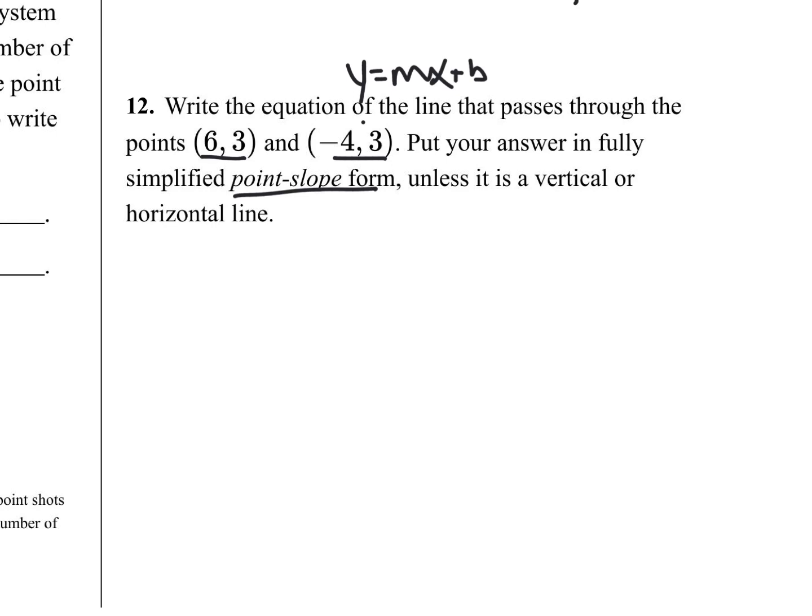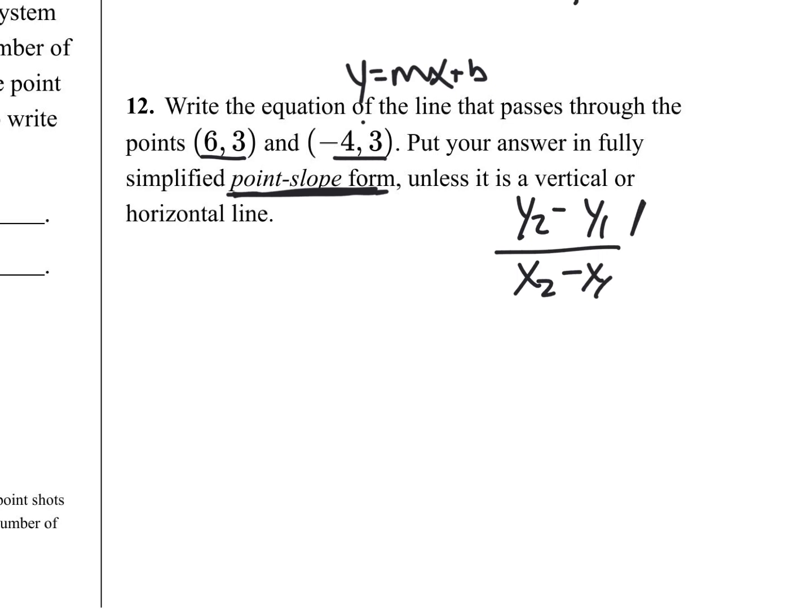Okay, never mind. All right, put your answer in fully simplified point-slope form. So they want your answer in point-slope form. Okay. All right, so I need to know what my slope is. So I'm going to use my slope formula, which is y2 minus y1 over x2 minus x1.